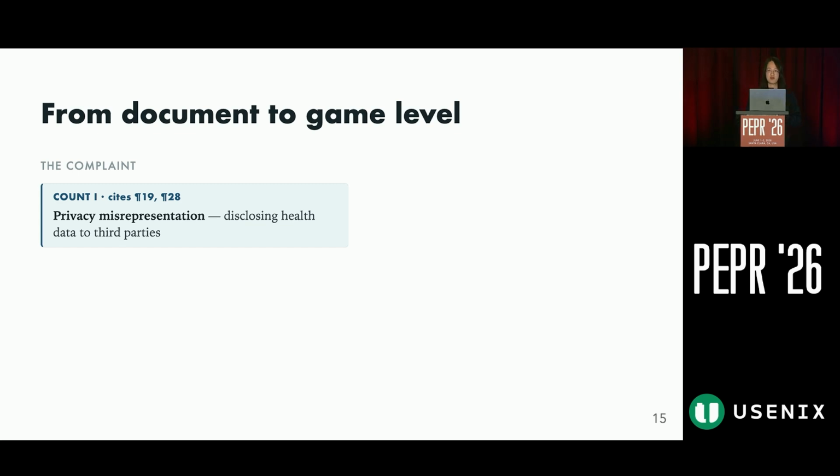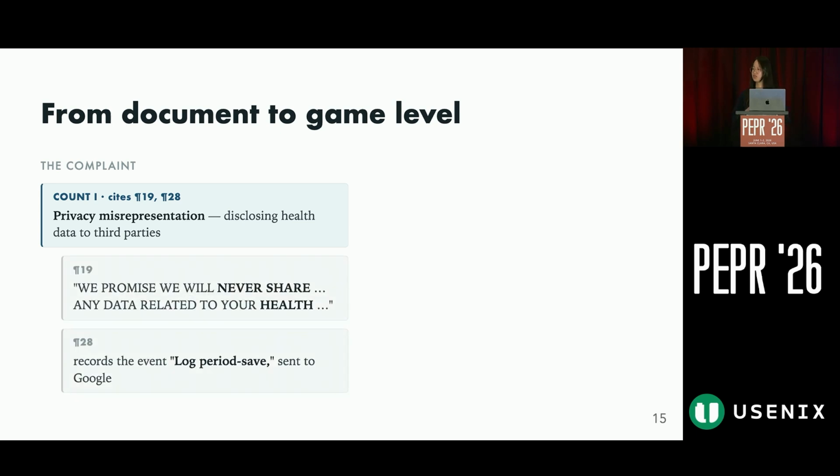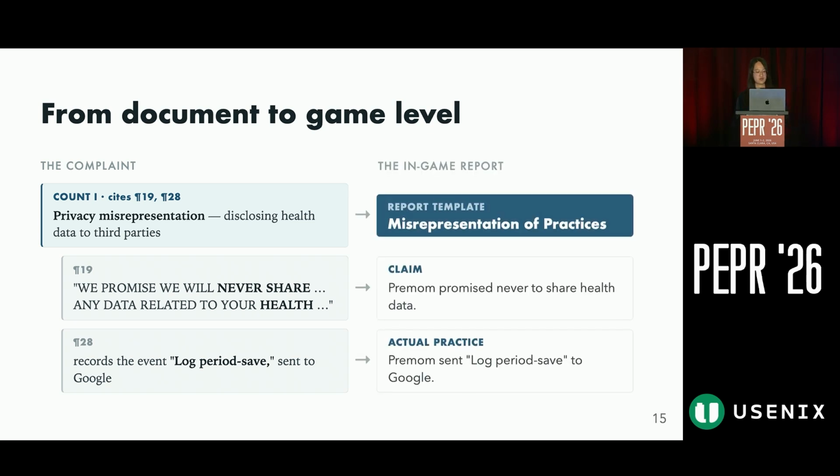To build the game levels from these legal documents, we start with the counts, which usually start with the violation types. Then they point back to previous paragraphs about the facts that actually lead to such violations. We then map this into the in-game structured report, and each of these cited facts becomes a component under it.